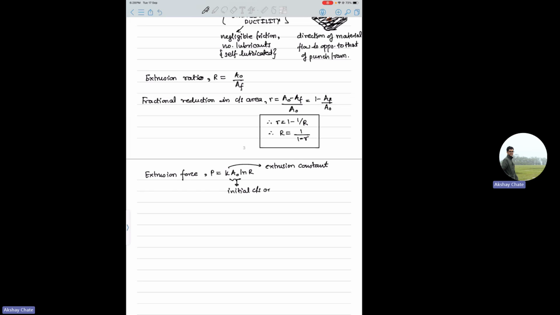Many times students get confused between the initial and final cross sectional area. You have to be very careful and use the initial cross sectional area.